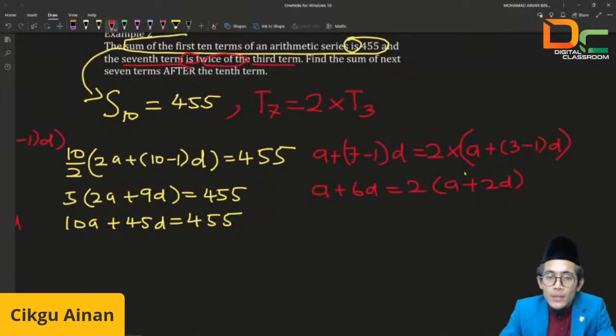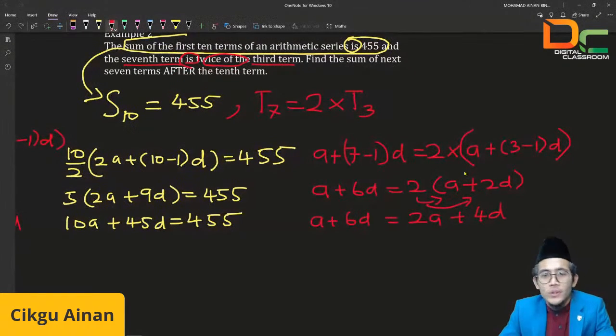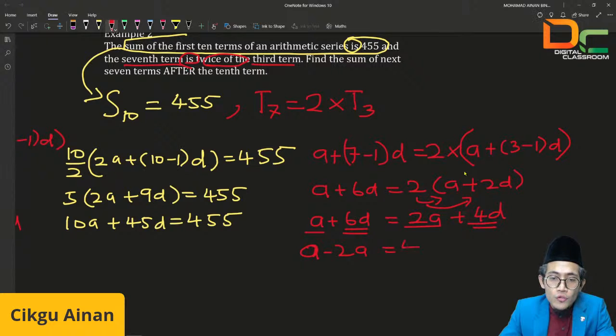Then we expand inside. So a plus 6d equals 2 multiplied by a is 2a, 2 multiplied by 2d is 4d. We group the a's and the d's together, so a minus 2a, while 4d minus 6d. So minus a equals minus 2d.